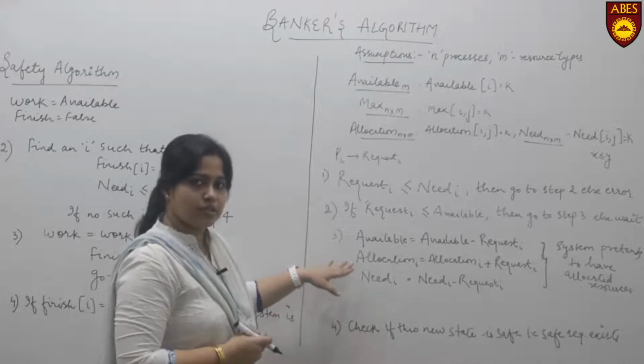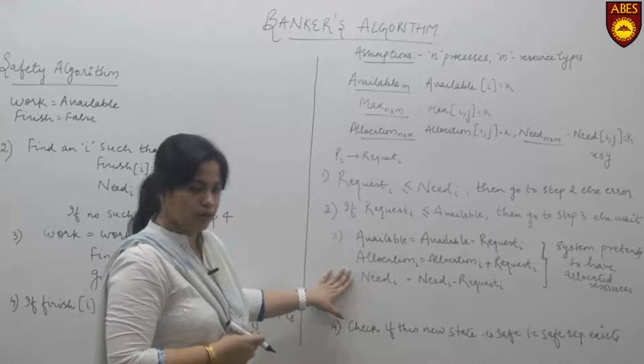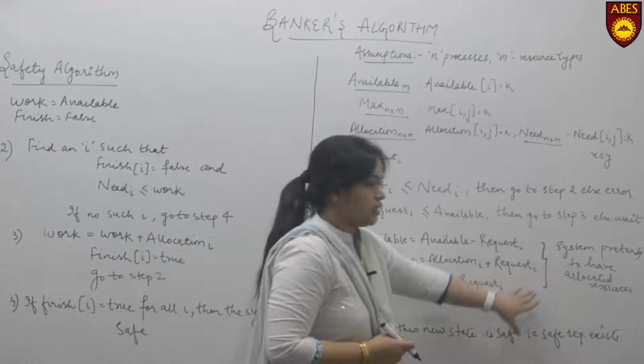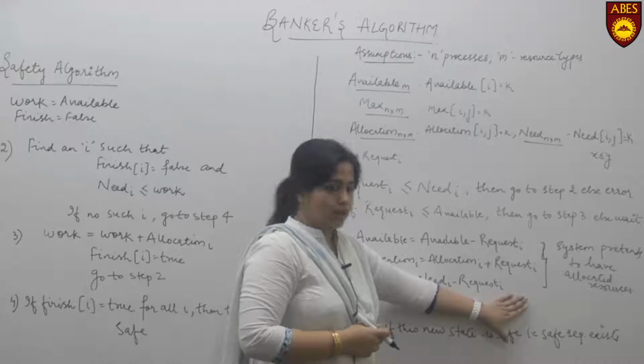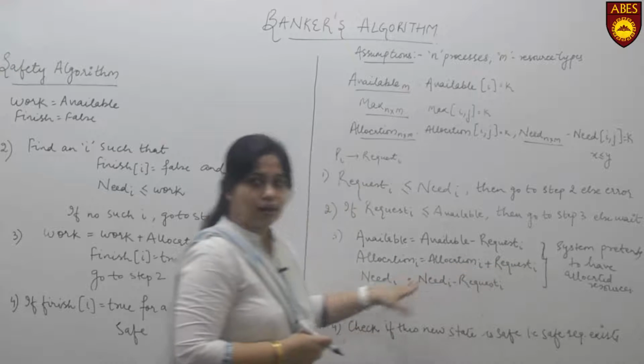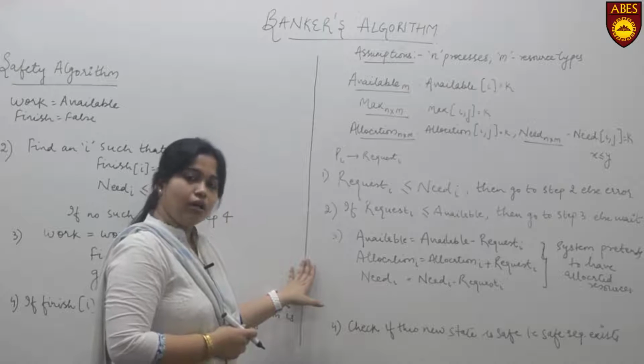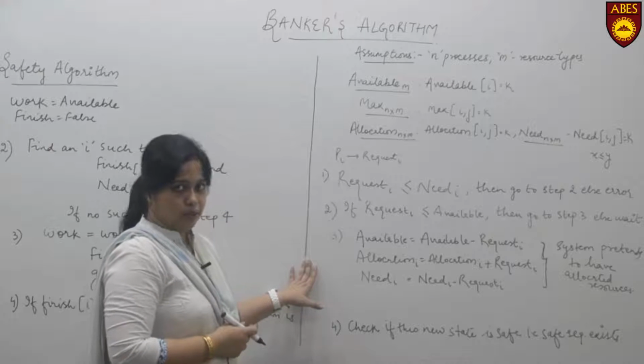We will further see in our example how we can implement this algorithm mathematically. If these conditions are met, then the system can grant the resources immediately to the processes which request resources less than the available.